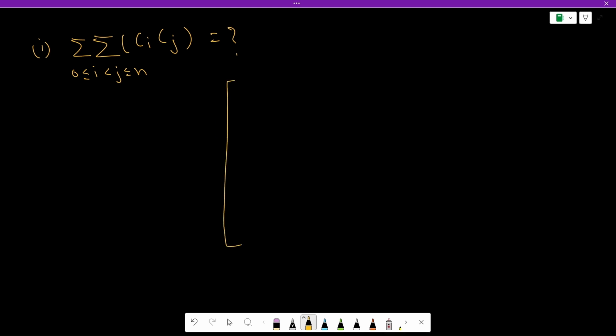So let's create a matrix where we have j equal to 0, j equal to 1, j equal to 2, and so on up to j equal to n. And on the vertical axis we have i equal to 0, i equal to 1, i equal to 2, and so on up to i equal to n.